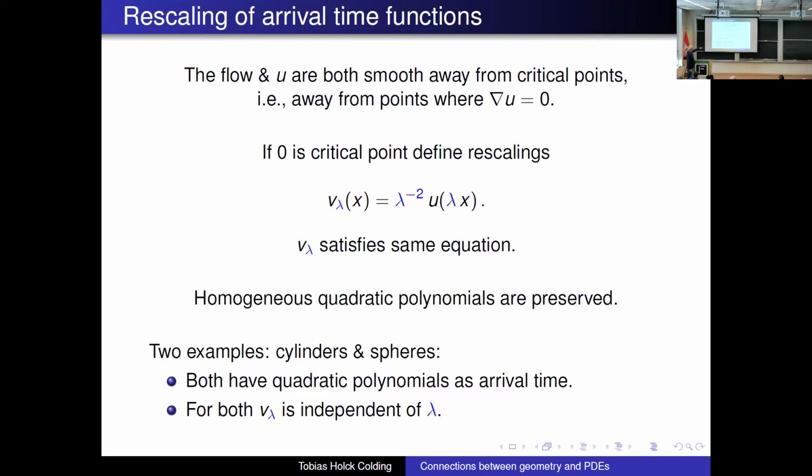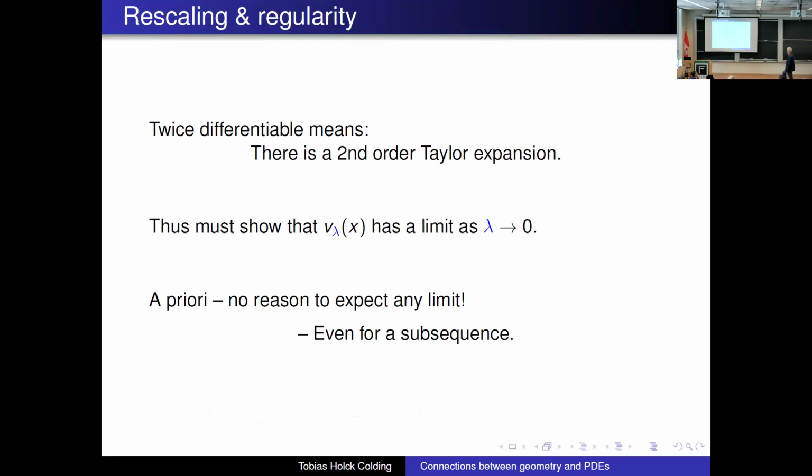So you see in these two very simple examples, where you're taking cylinders and spheres, the arrival time function in both examples is a quadratic polynomial. Therefore, this v_lambda is independent of lambda.